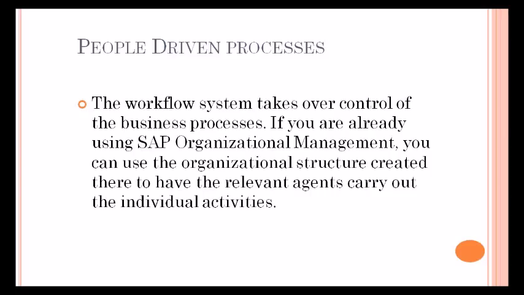I'll try to demonstrate the whole thing in the coming slides, because we have a slide which talks about what a task looks like, what the requirements are to create a task, and how many types of tasks we have. So the whole idea of presenting this slide is to understand what a business process is and how you make one, what the starting point would be and what the ending point should be.